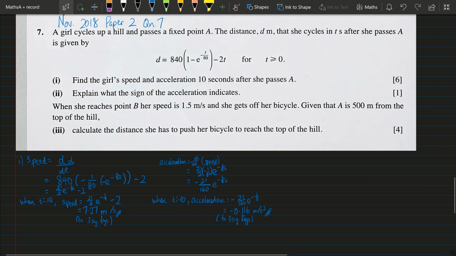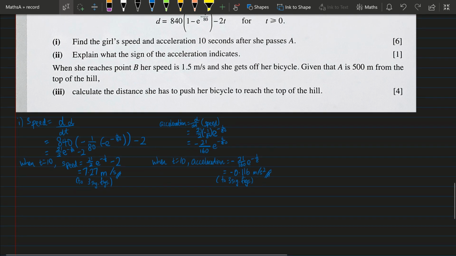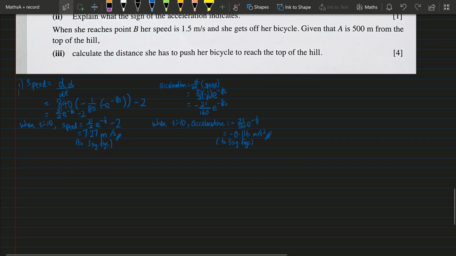Bam, that's it. Okay, part 2, explain what the sign of the acceleration indicates. You realize that the sign was negative.